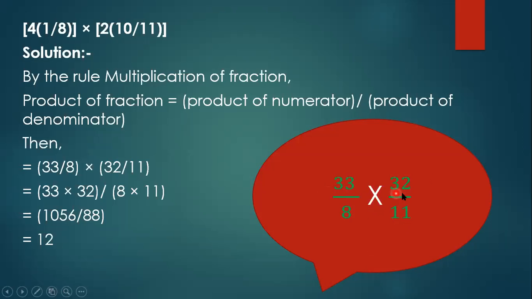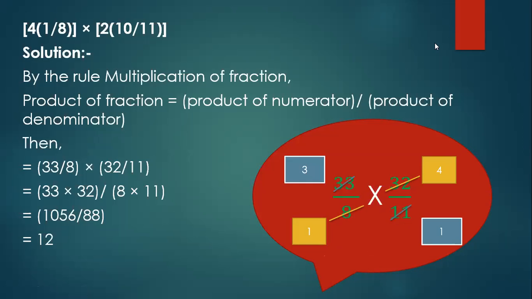Whereas 8 and 32, they both can be cancelled out by 8. So we'll write 8 one time, 32 how many times, children? 4 times. Okay. Similarly, 11 and 33 I'm cancelling out. 11 one time and 33 how many times, children? 3 times, because in 11's table 33 comes 3 times.